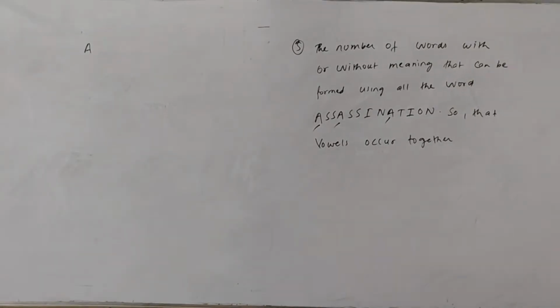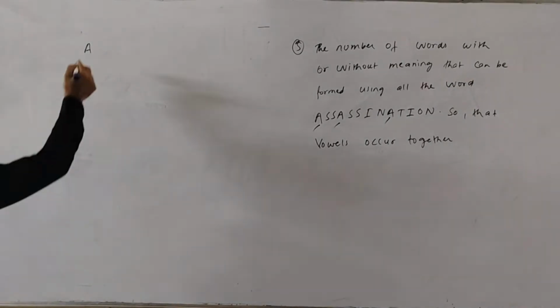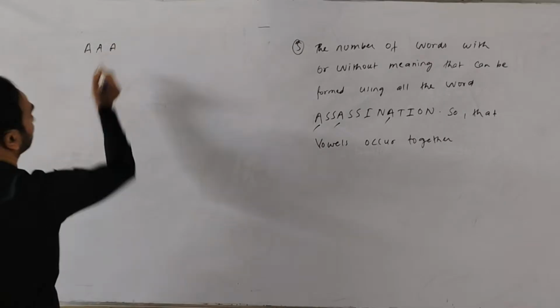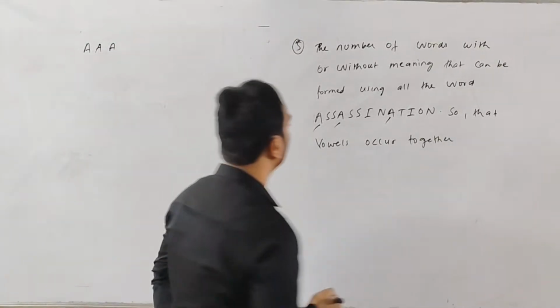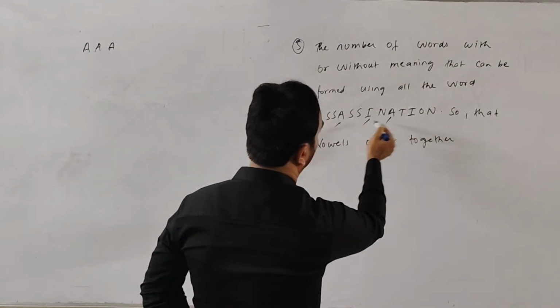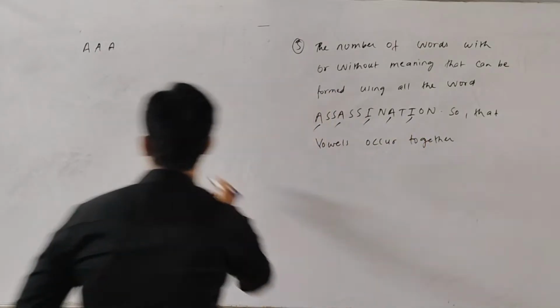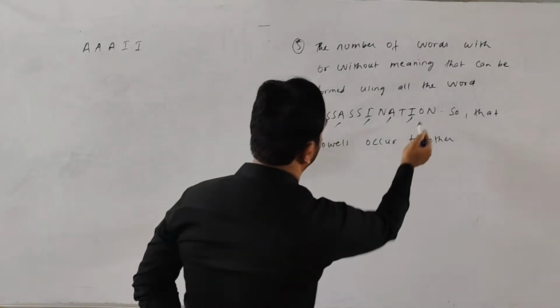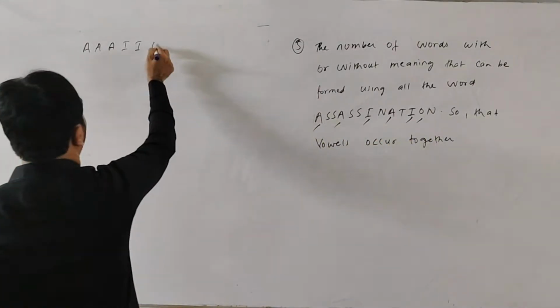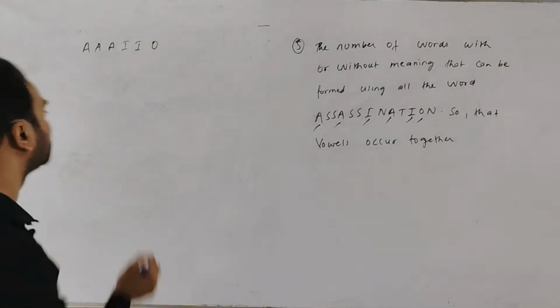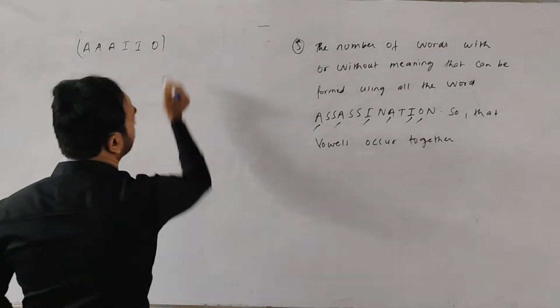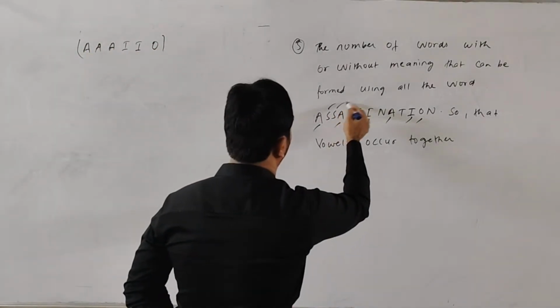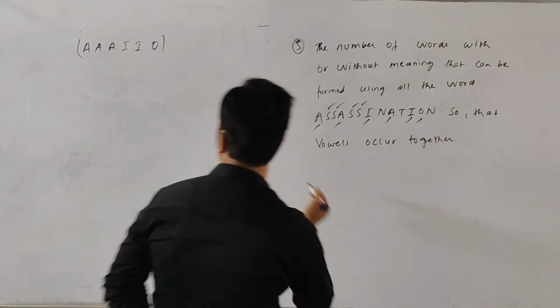Next vowel is I, which is repeated 2 times. Then O, no repetition. So these are vowels.